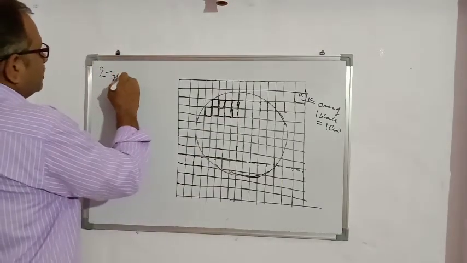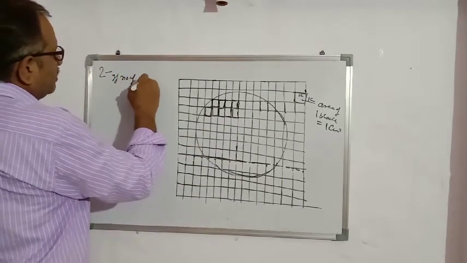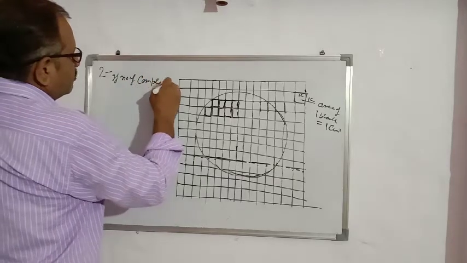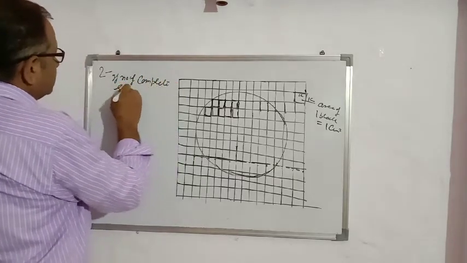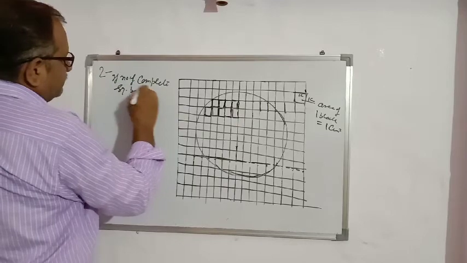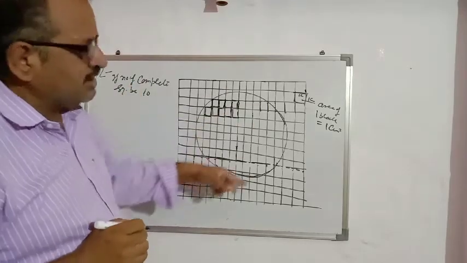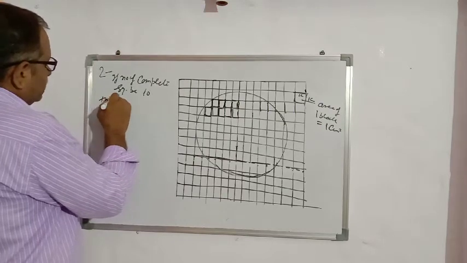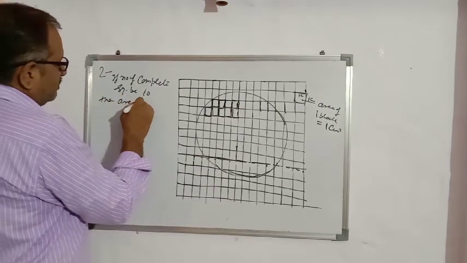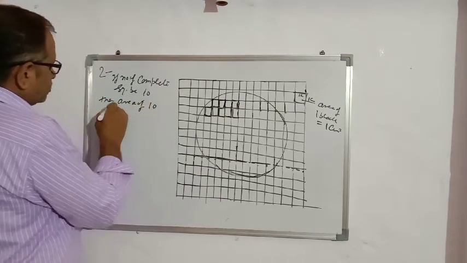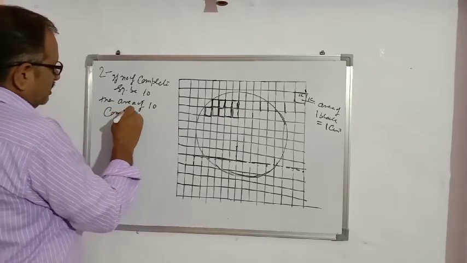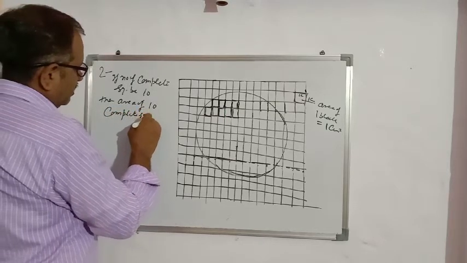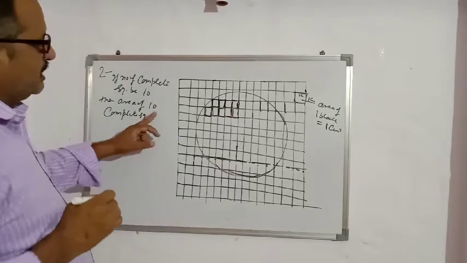Suppose the number of complete squares be 10. Then what will be the area of 10 complete squares?